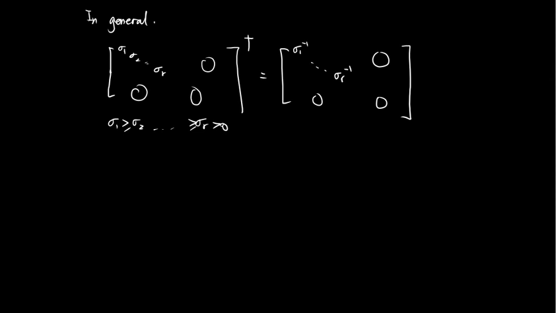Any matrix has a singular value decomposition. M is equal to U sigma V transpose. Then M dagger is equal to, let me make it right, you have to do the transpose.